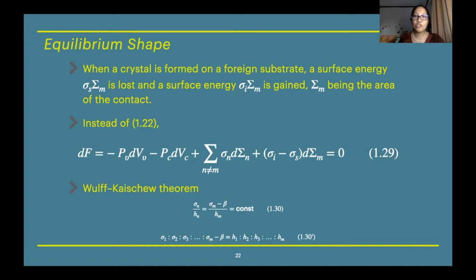And the distance h2 is proportional to the specific surface energy sigma 2. And the distance h3 is proportional to the specific surface energy sigma 3. And the distance h sub m is proportional to the specific surface energy sigma sub m minus beta.